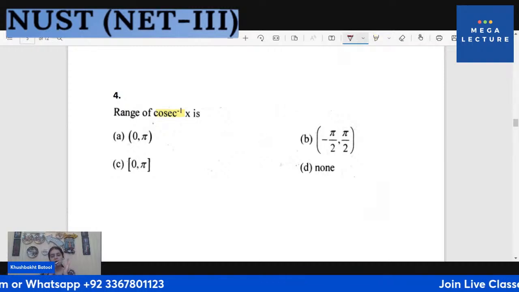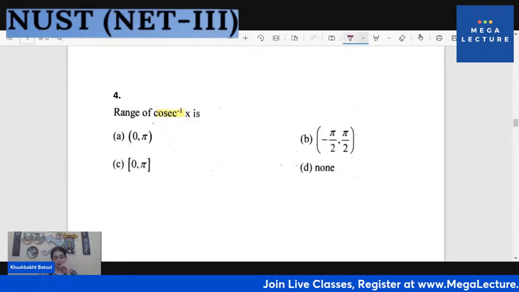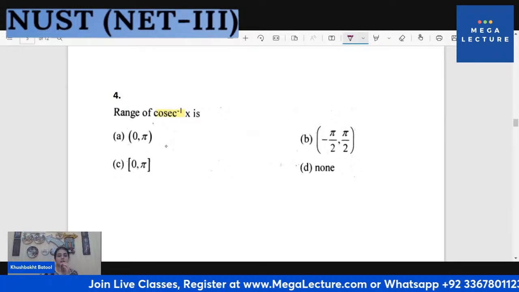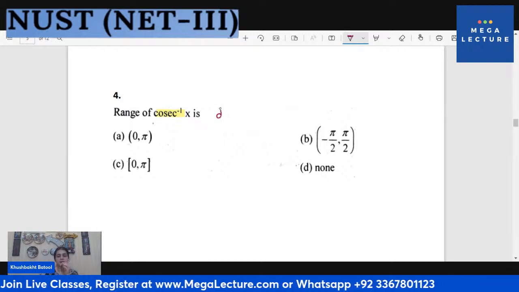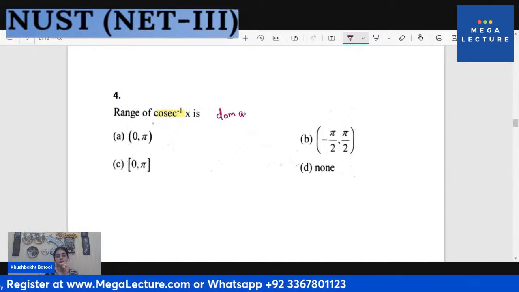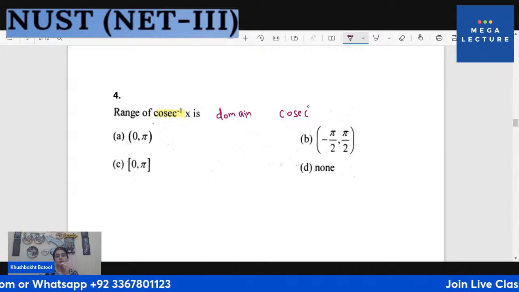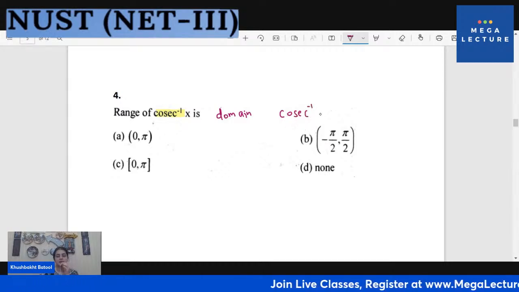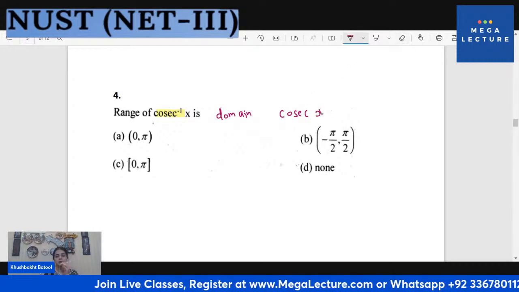All right. Now when we talk about cosecant inverse of x, again you need to think about it logically. So the range of this is basically the domain of cosecant only, not inverse. It is the domain of cosecant.